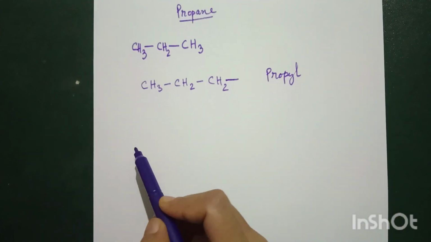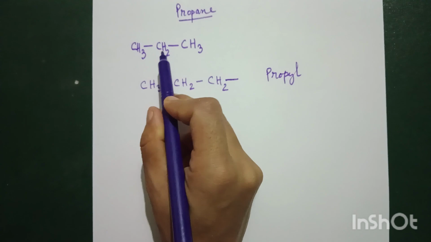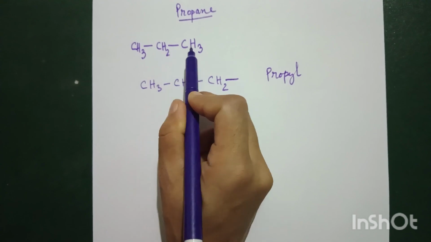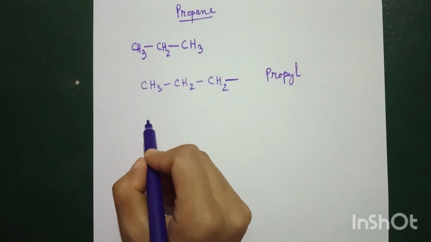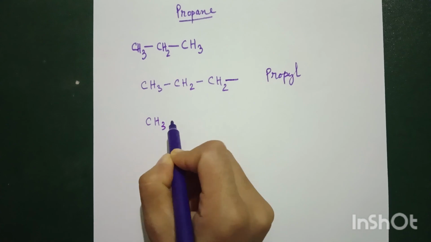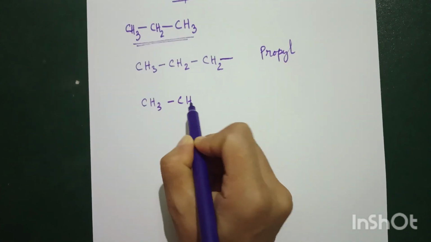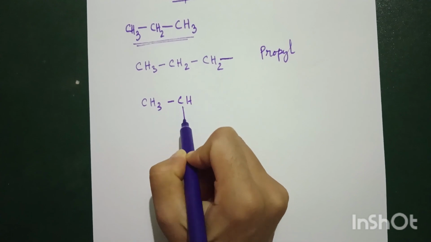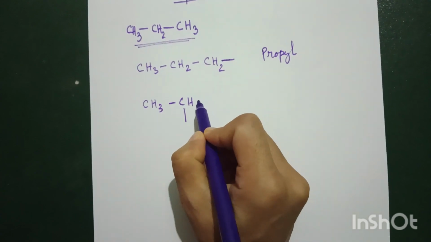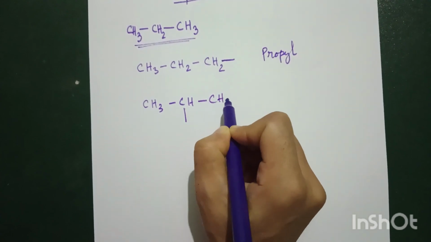Now let us remove the hydrogen from the second carbon, which is different from this and this. Initially it is CH2, so let us change it into CH only. One H is removed. Now it turns into CH3.